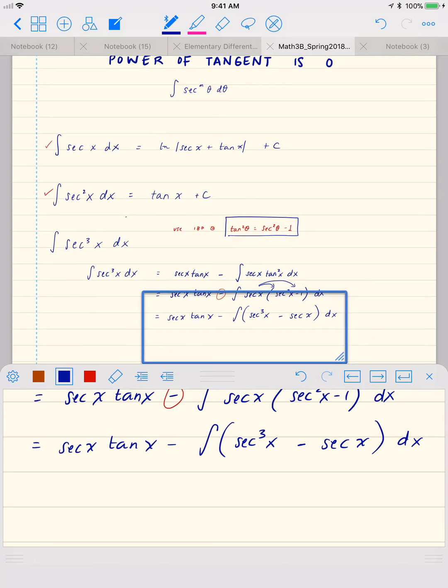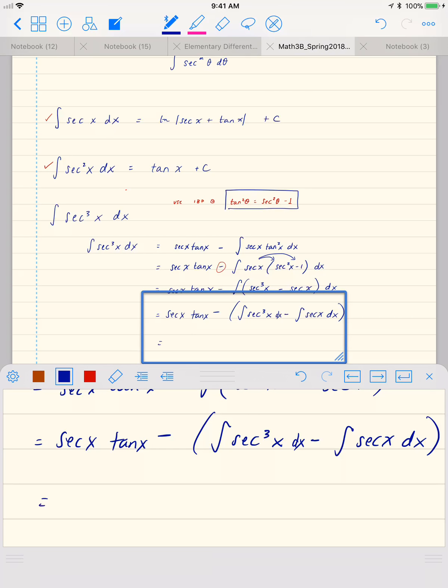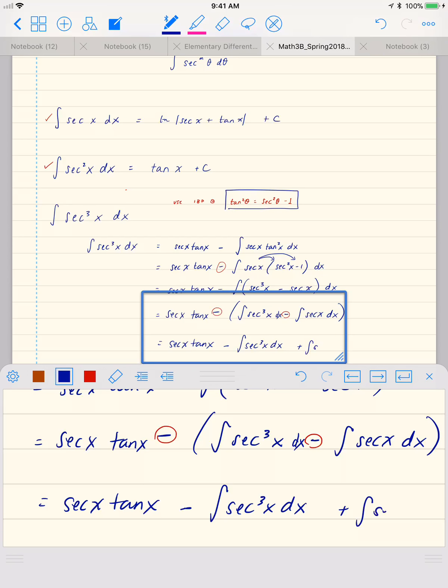Then I can rewrite this as the integral of secant cubed x dx minus the integral of secant x dx, and all of this is being subtracted from secant x tan x. So now we get secant x tan x minus the integral of secant cubed x dx plus, because this negative and this negative cancel each other out, the integral of secant x dx.